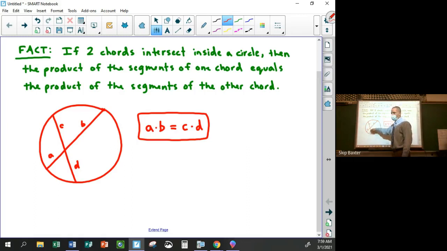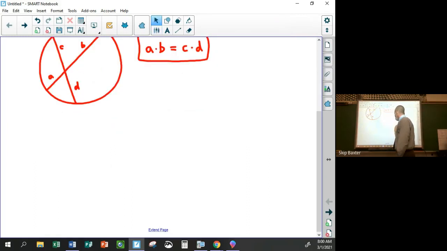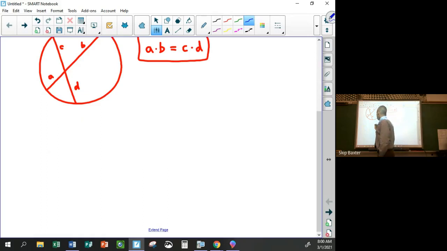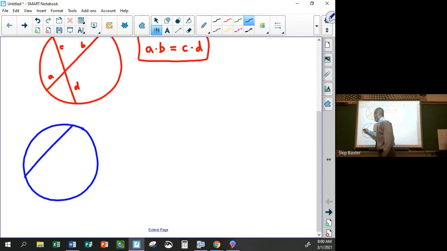So this is super easy to use. They're going to give you 3 out of 4 lengths. You just have to find the missing length. So if I have chords intersecting inside a circle like that, and let's suppose the side lengths are 6 and 4 and 3, and we're trying to find the length of this piece right here.